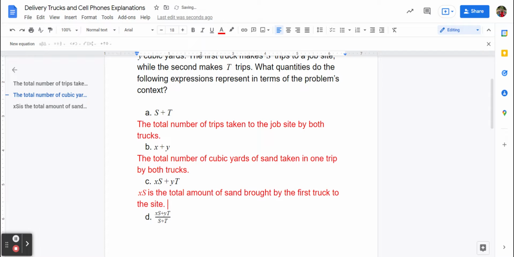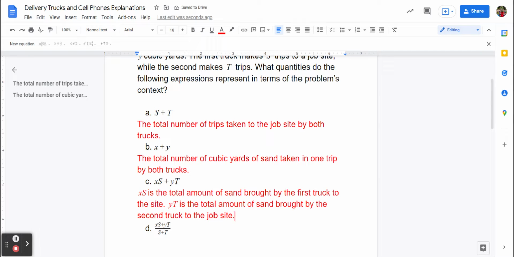So in total, it's total amount. And then YT is the total amount of sand brought by the second truck to the job site.